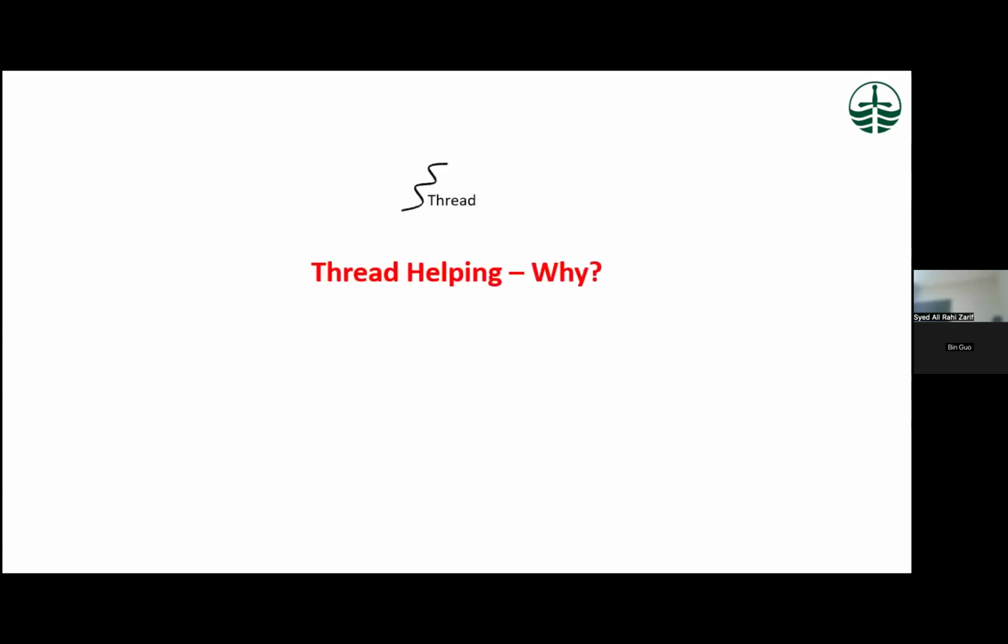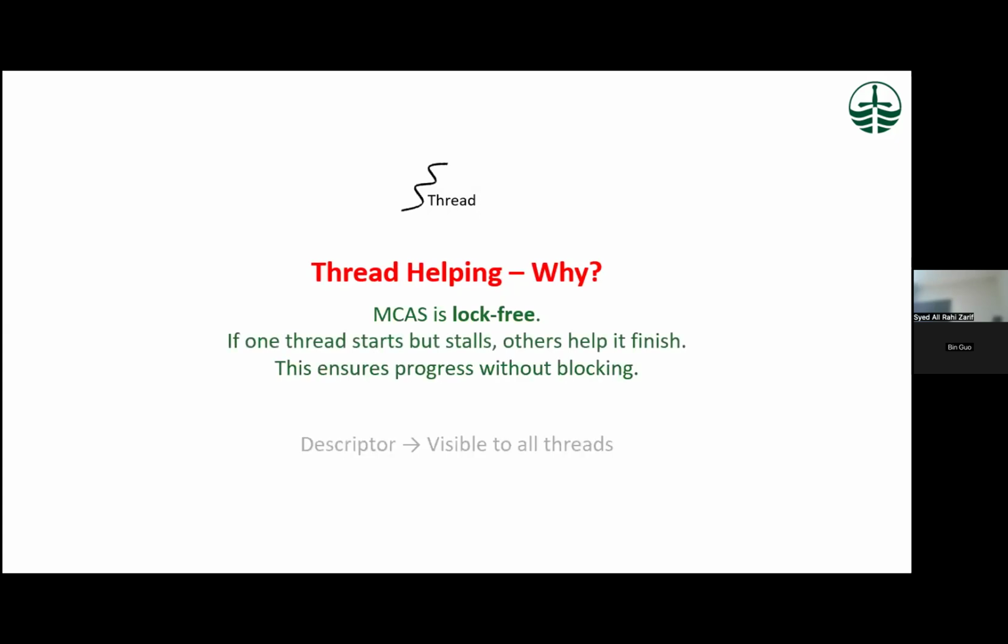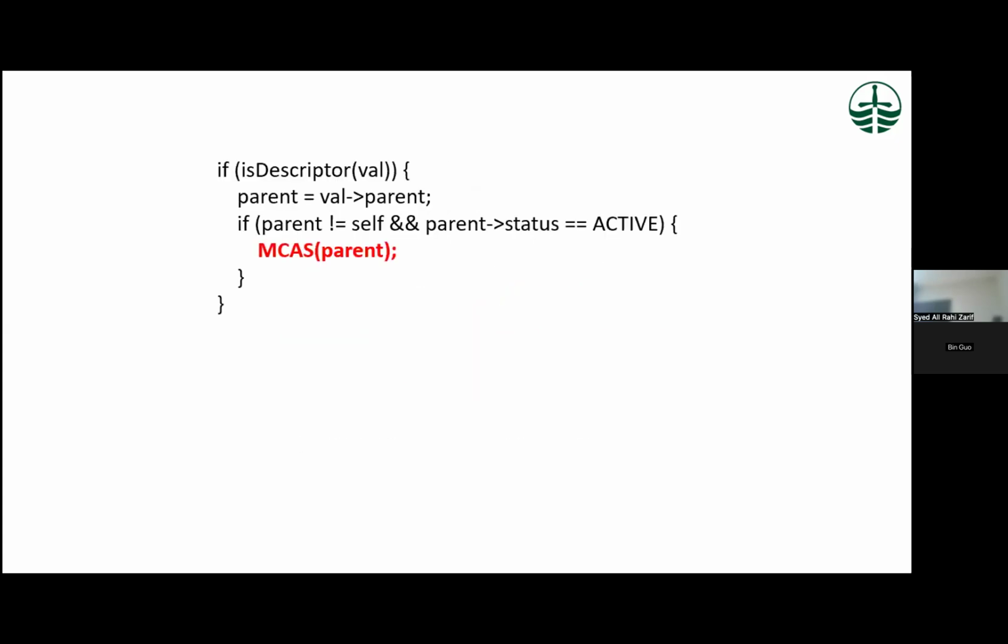Now let's talk about the thread helping process, because we are talking about a multi-threaded environment and we are not blocking the processes. So maybe the other threads can help each other. So let's see how the thread helping can happen here. If we go back to our code again, we can see that when we find this is a word descriptor, the thread should check if this is a parent word descriptor or not.